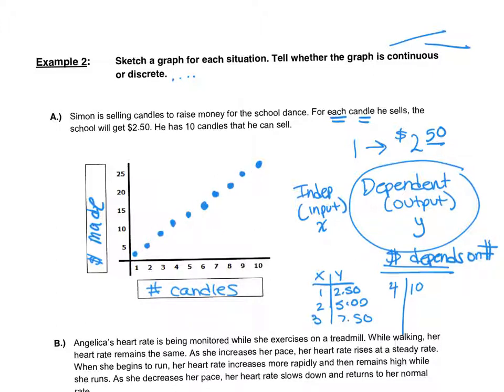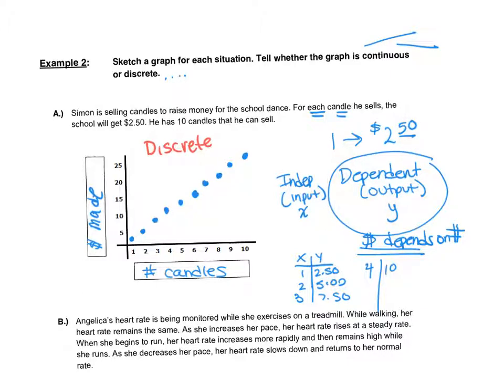So we would remain as just the dots, which would make this a discrete graph because you're not connecting the dots in between. And the reason you're not connecting the dots in between is, again, if you connected the dots, that would mean that in between these spots you would have dots representing that you're getting money for a part of a candle, which you're not.